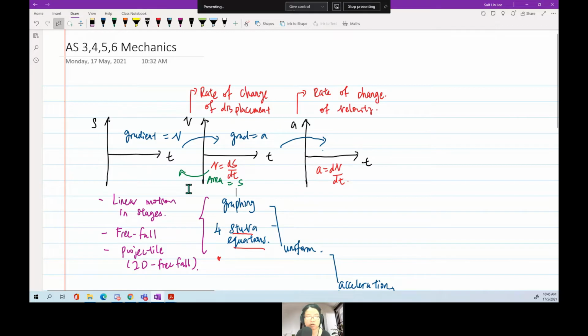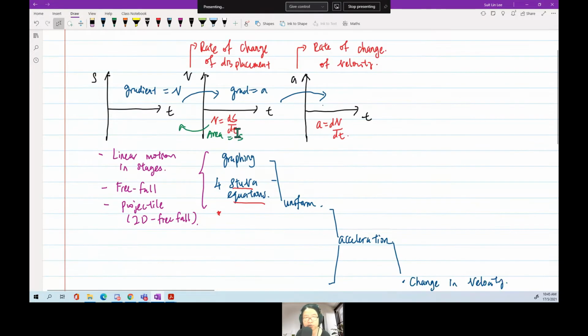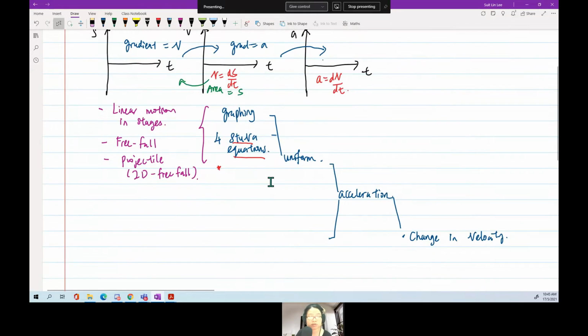Okay, so being able to get information from the graph and/or use your Ch2-5 equation is important. But for projectile, right, and 2D free fall, this one you need to understand resolution of vectors. So your free fall got x direction, got y direction. So you can see how we can combine chapter 1 together with this chapter.